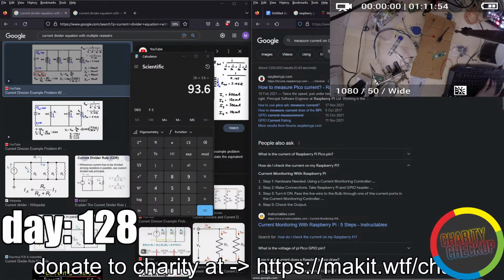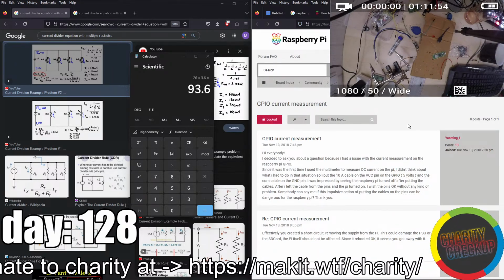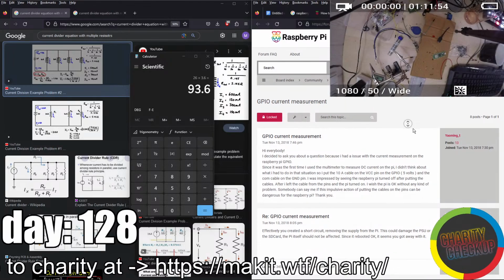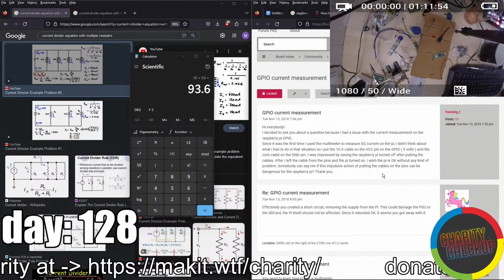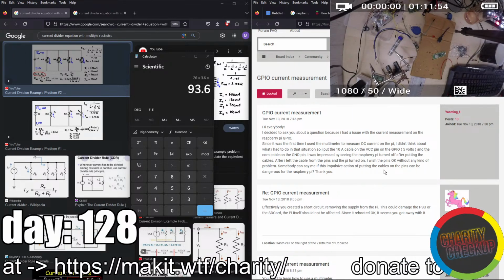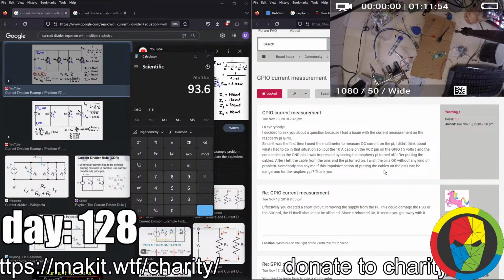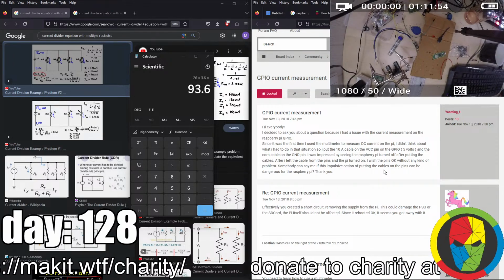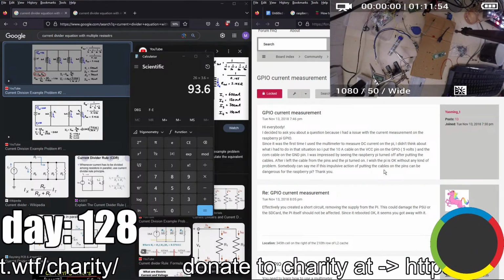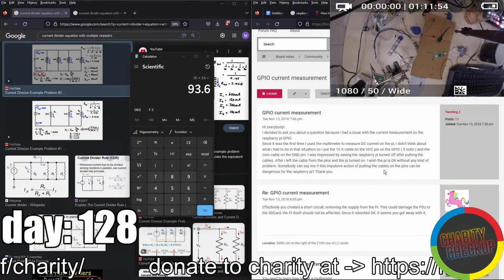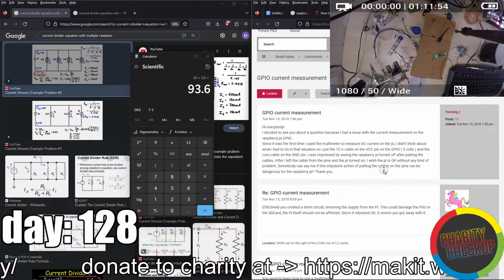GPIO maybe? Current measurement. Oh yes, that's measurement. Put the 10 amperes. Wait, what? The current measurement of Raspberry Pi GPIO. Measure DC current on the Pi, anything. Oh no, wait.